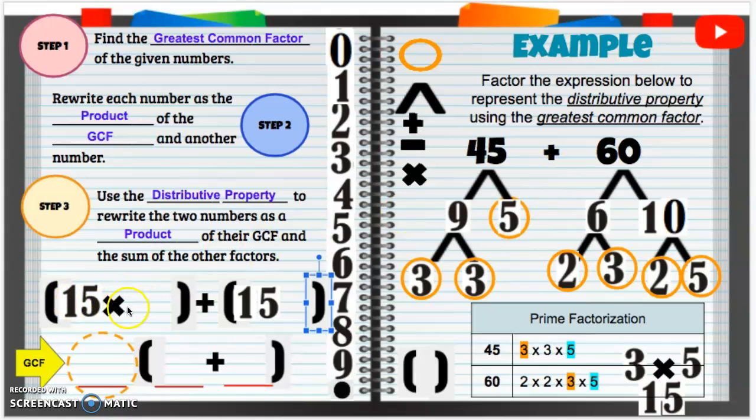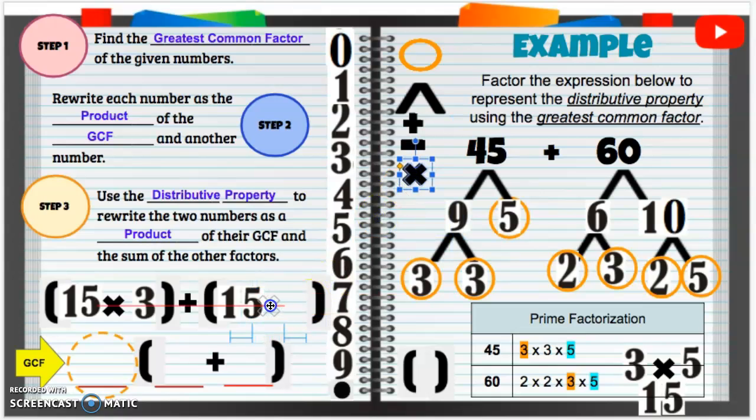So 15 times what equals 45? Well, I know 15 times 2 is 30. So if I do 15 times 3, that's going to equal 45. And then our next one is 15 times what equals 60.